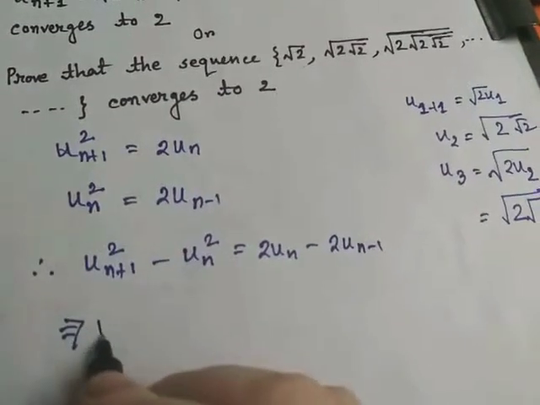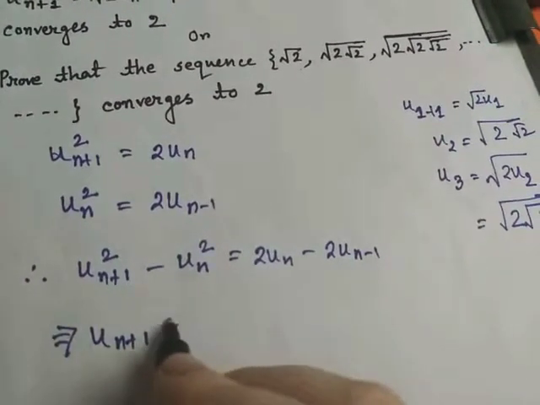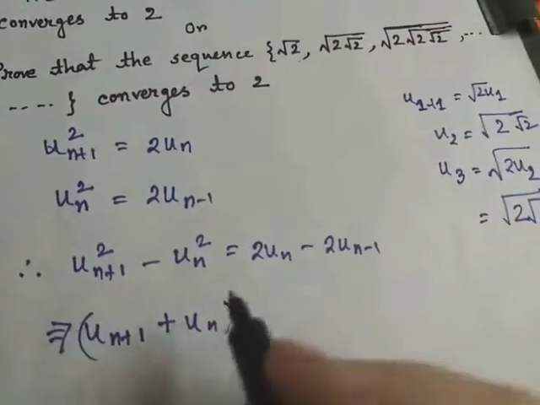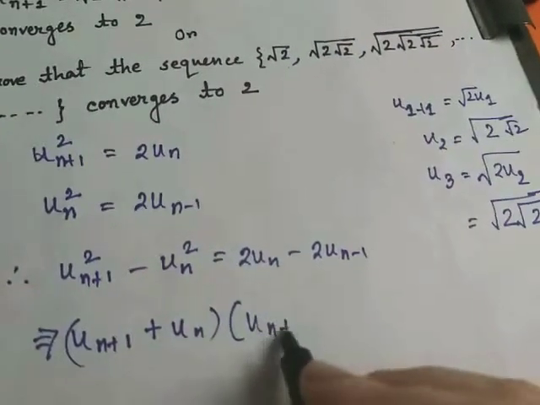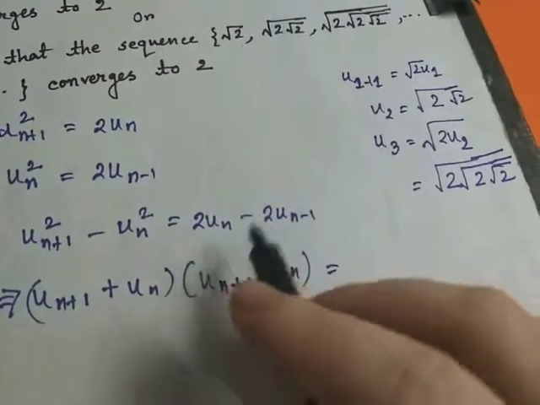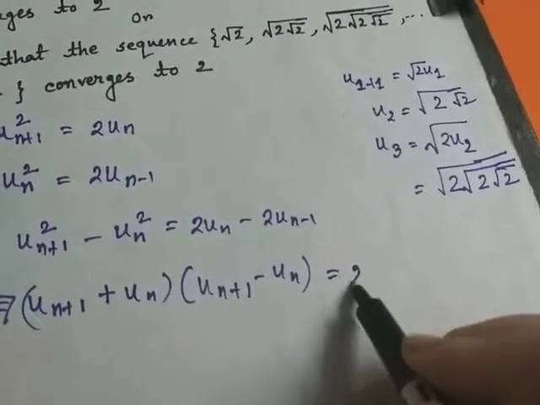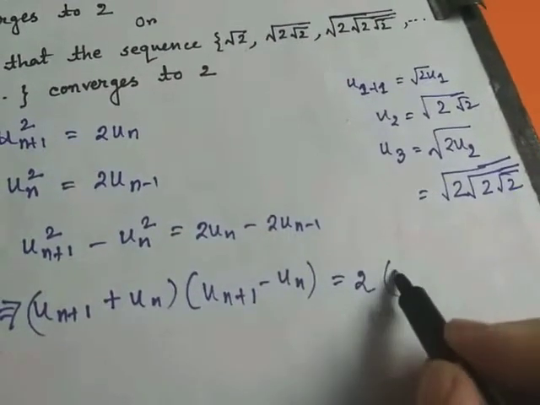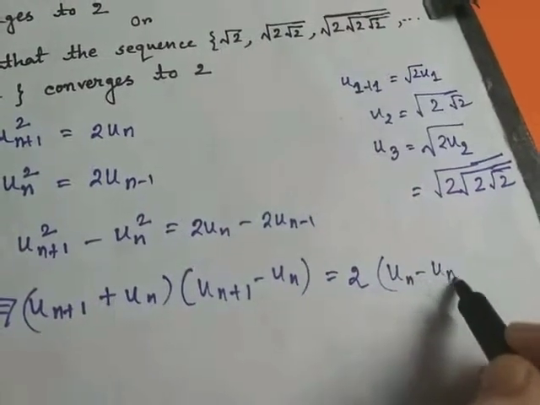That means (un+1 plus un) into (un+1 minus un), using the formula, equals 2 common, then (un minus un-1).